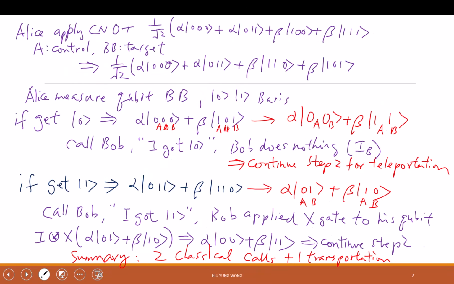But after this measurement, you look at it, now you lose the entanglement between B and BB. But now, Alex, A and B become entangled, 00, 11, or even opposite, also entangled, right? This is anti-correlated. When you are 0, I'm 1, and you are 1, I'm 0. So do you see that when you do the measurement, you destroy the entanglement between BB and B, but then you establish entanglement between A and B.